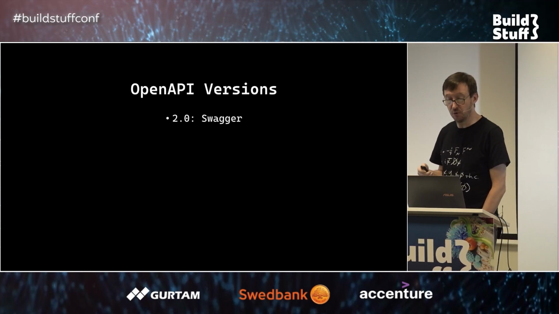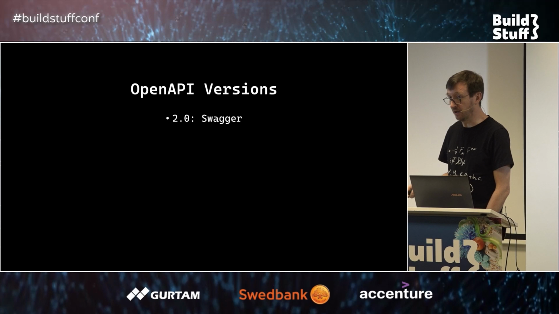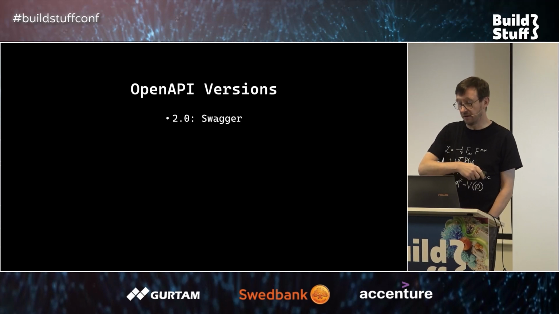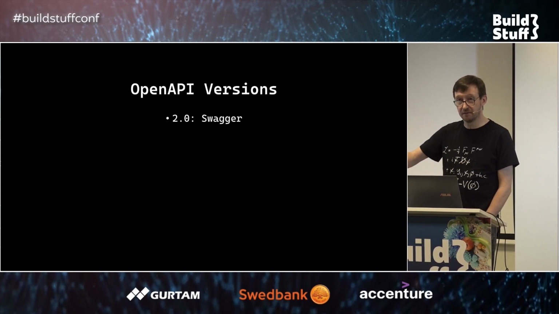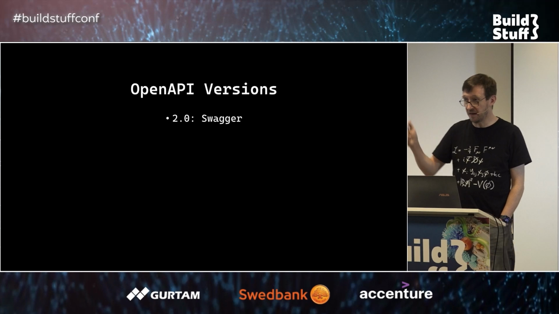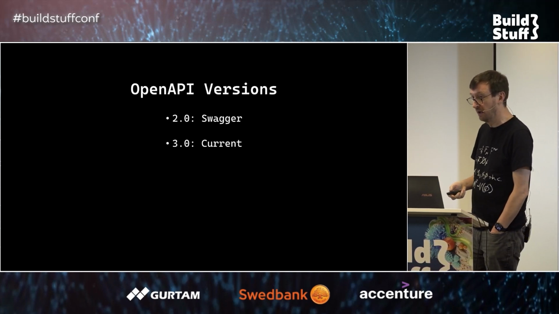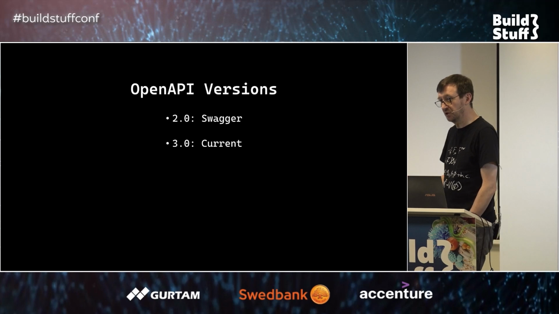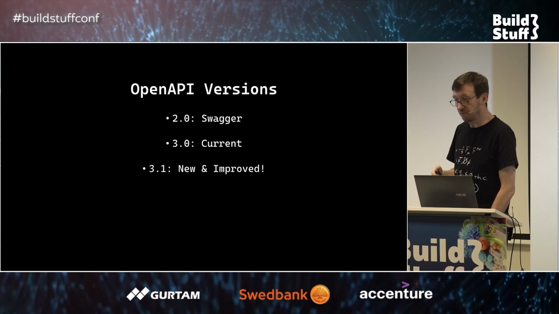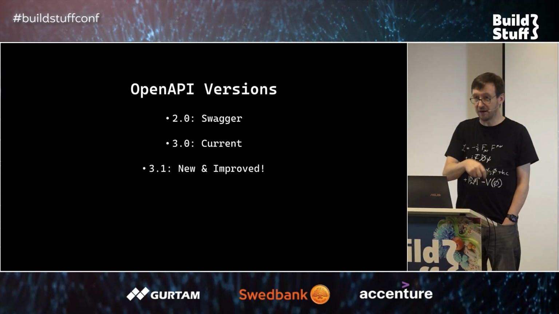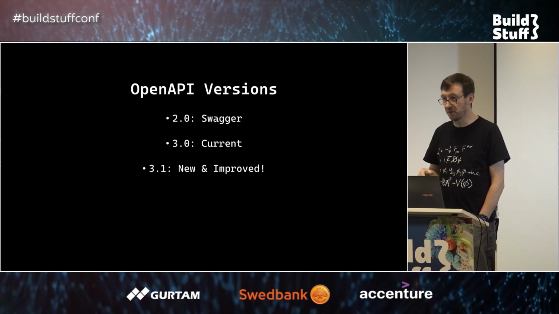And so OpenAPI 2.0 was called Swagger. And then when SmartBear said, we're donating Swagger and we're making it an open standard, it became OpenAPI 3.0, which is kind of the current version, but there's an OpenAPI 3.1. And I'll talk a bit about the difference between 3.0 and 3.1.